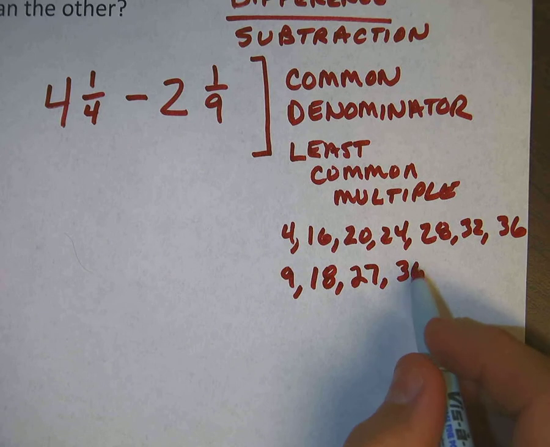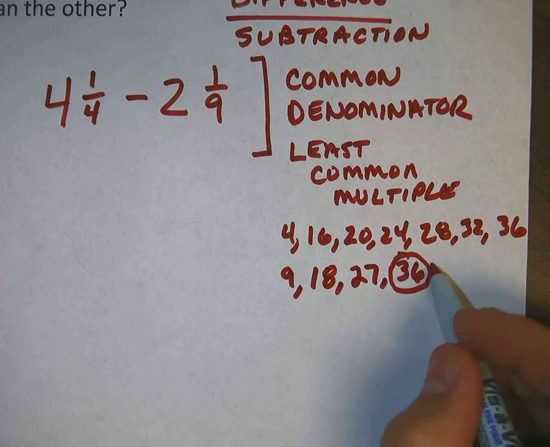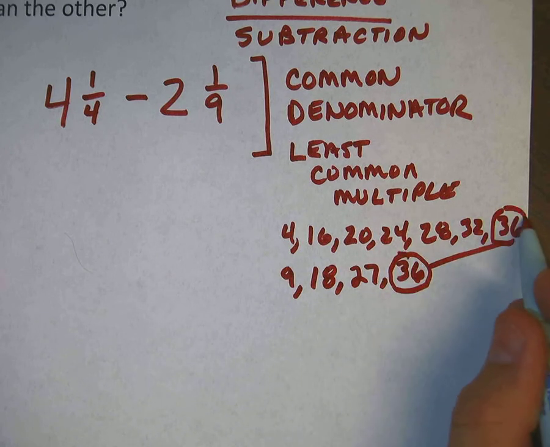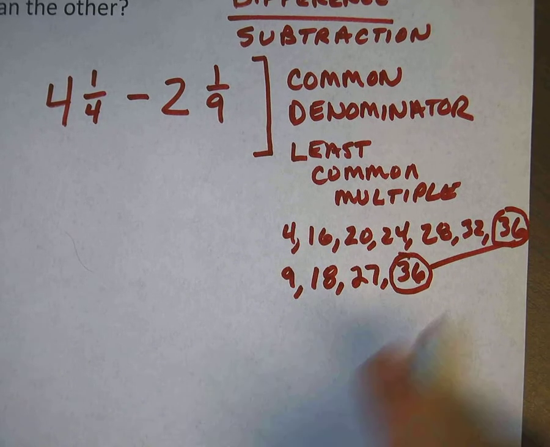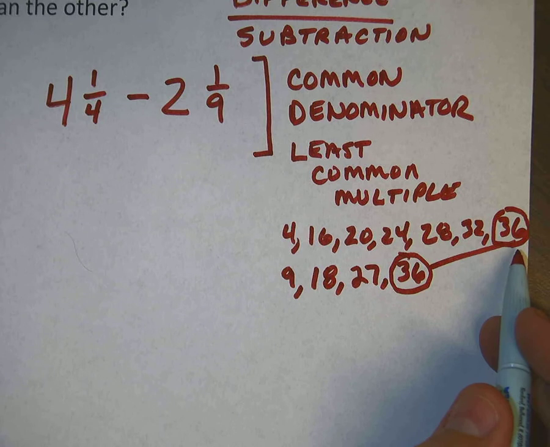Now I've got a common multiple. I had to go pretty high in the ranks for the 4s, but sometimes that's necessary. So there's my common denominator, 36.